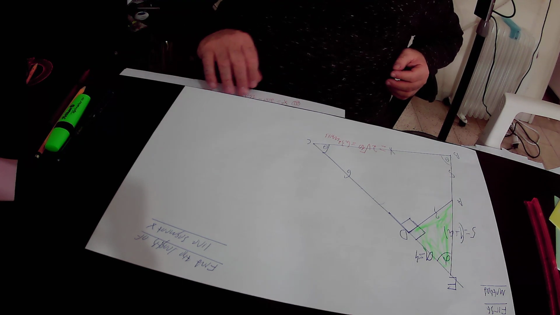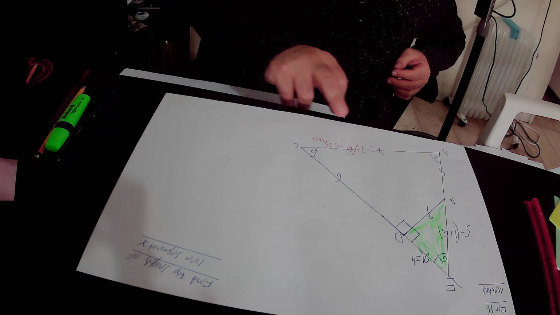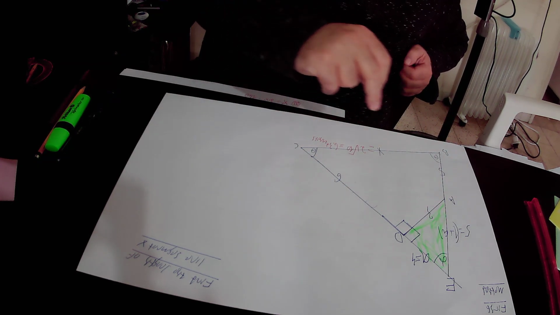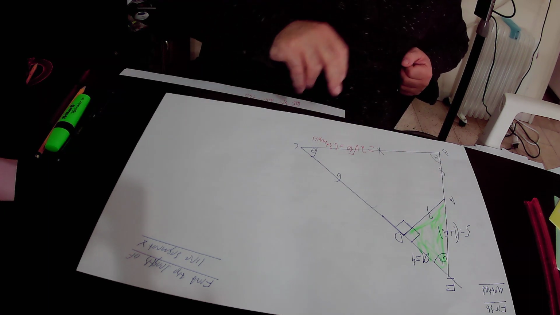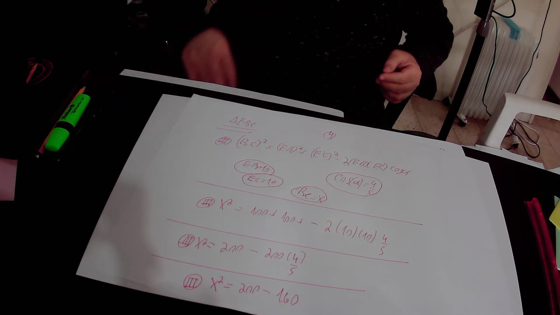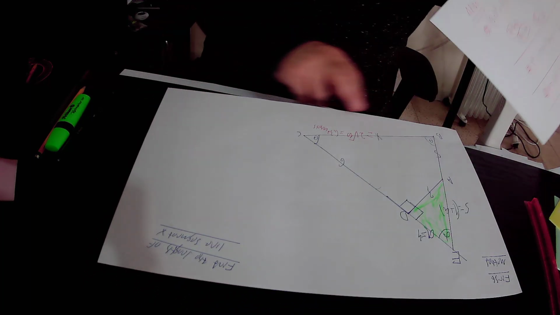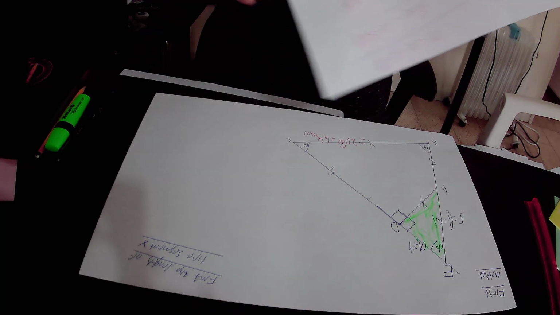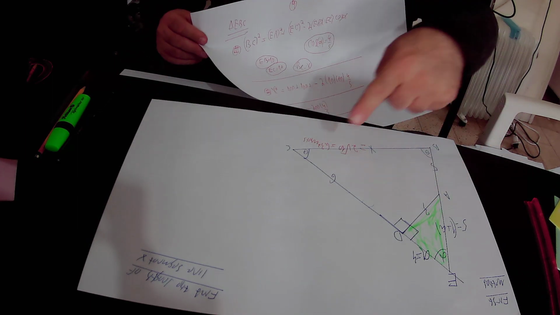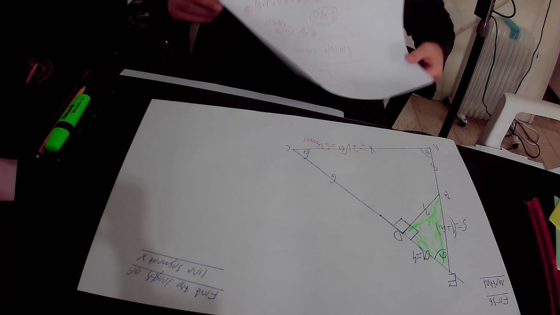According to the law of cosines, we will get that BC squared equals EB squared plus EC squared minus 2 times EB times EC times cosine alpha.